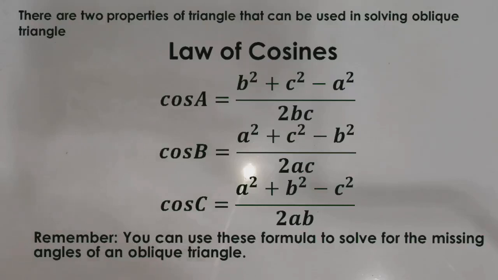Then, lastly, kapag angle C ang nawawala or unknown, cosine of angle C is equal to a squared plus b squared minus c squared all over 2 times a times b. So, yung denominator natin, mapapansin ninyo lahat sila ay 2, hindi napapalitan yung constant na 2.